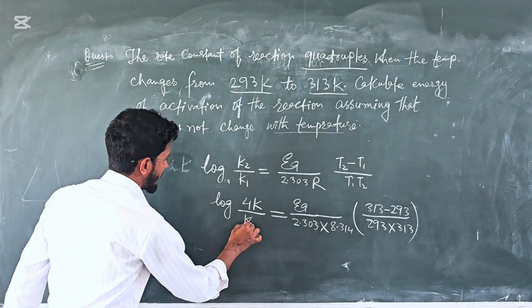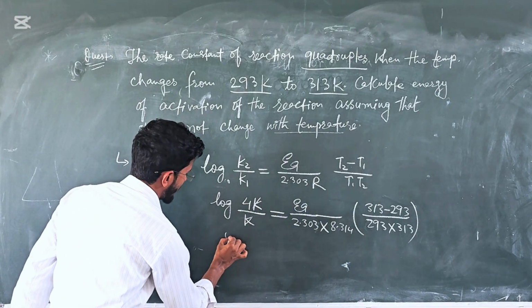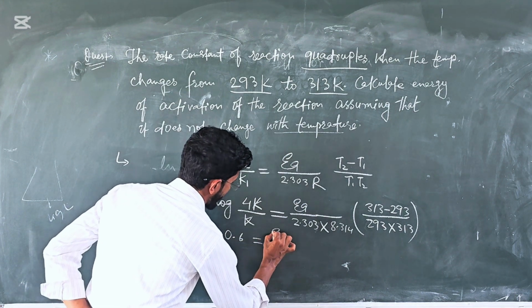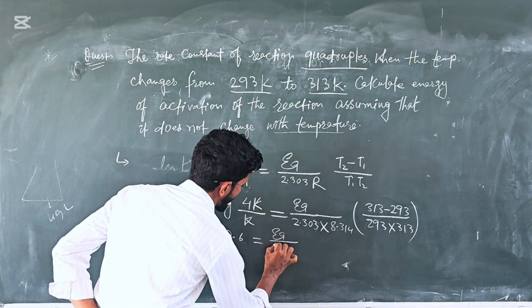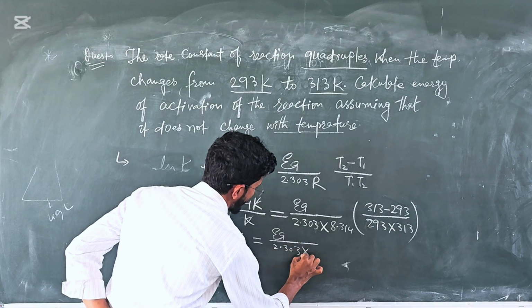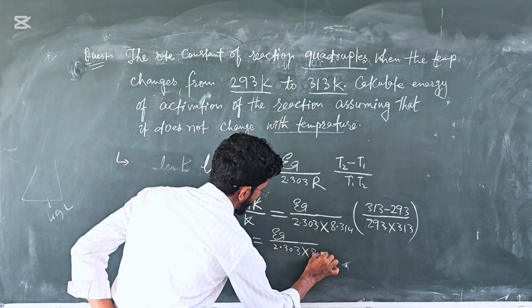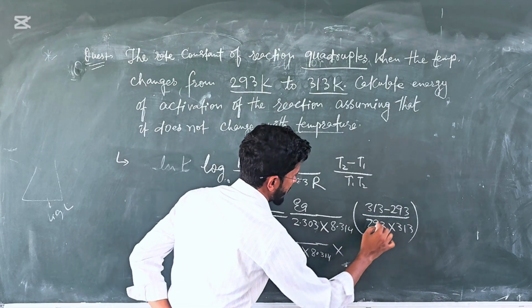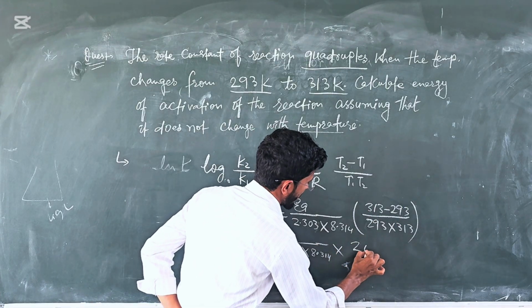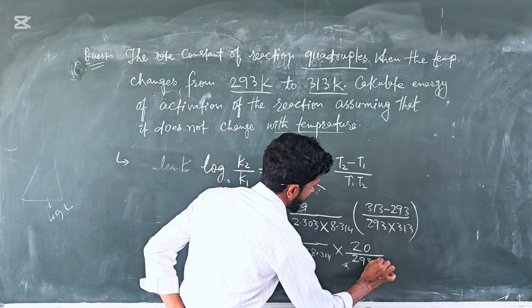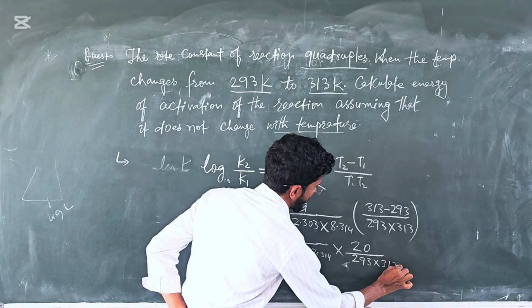Now the value becomes log 4. The value of log 4 is 0.6. So 0.6 is equal to EA upon 2.303 into 8.314, multiplied by 313 minus 293, that is 20, upon 293 into 313.